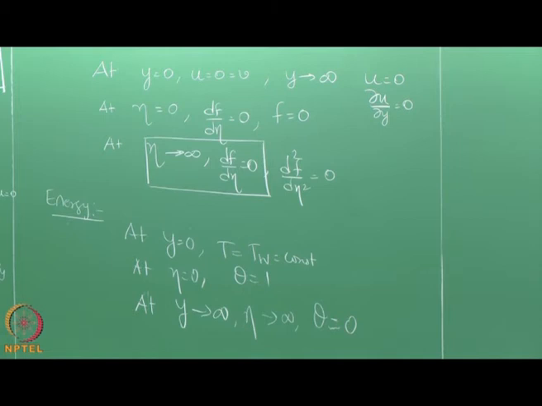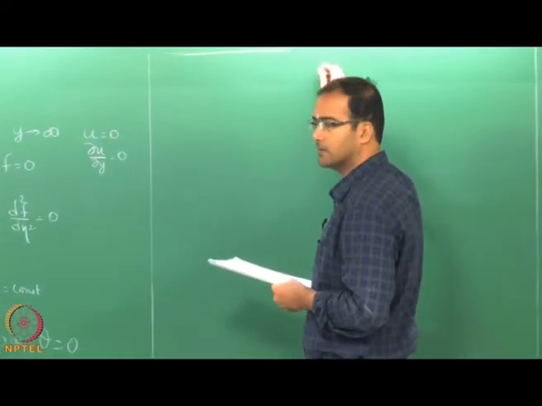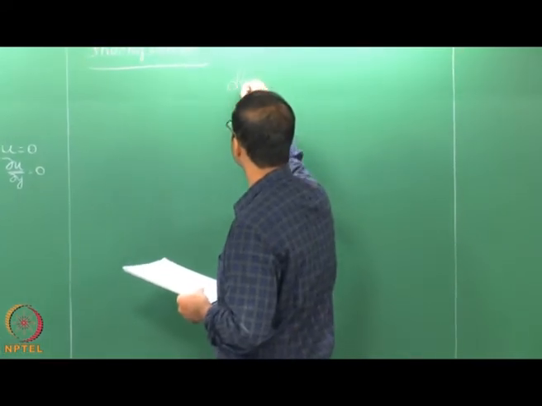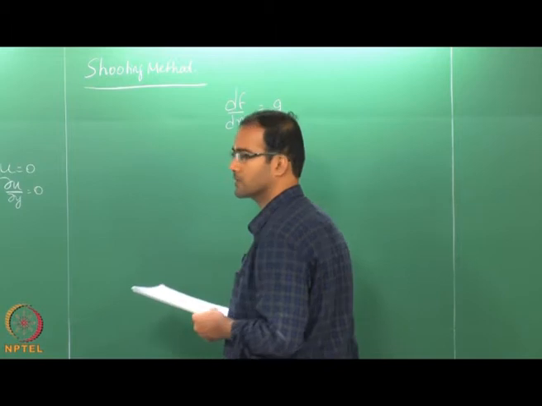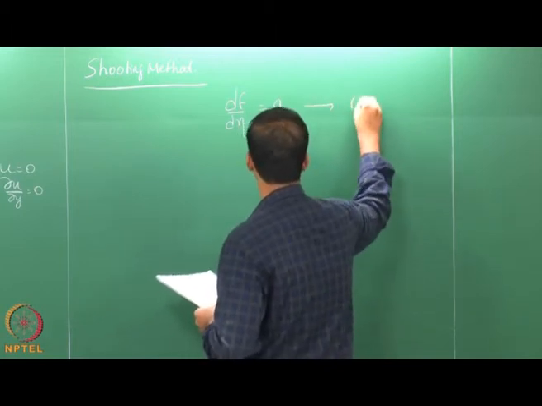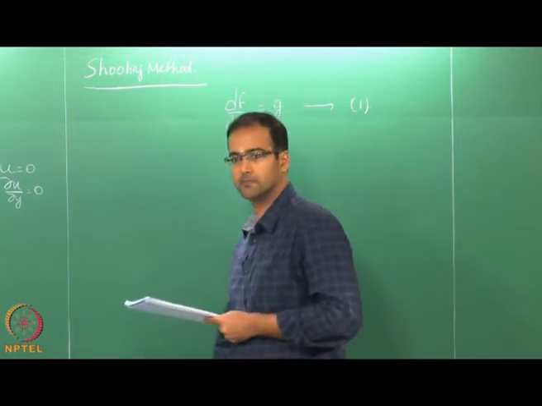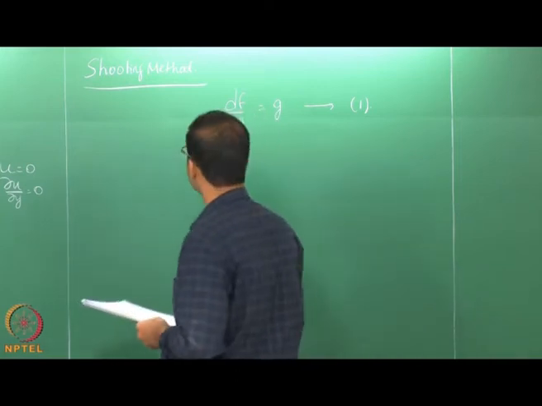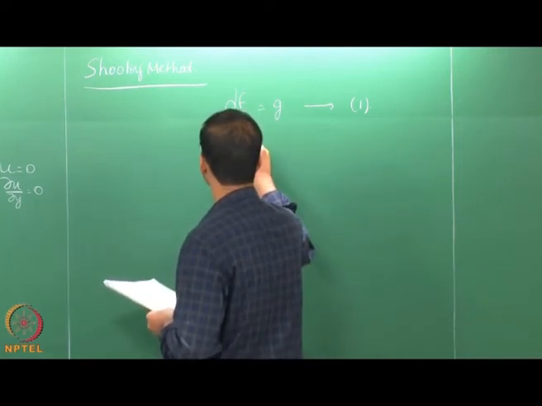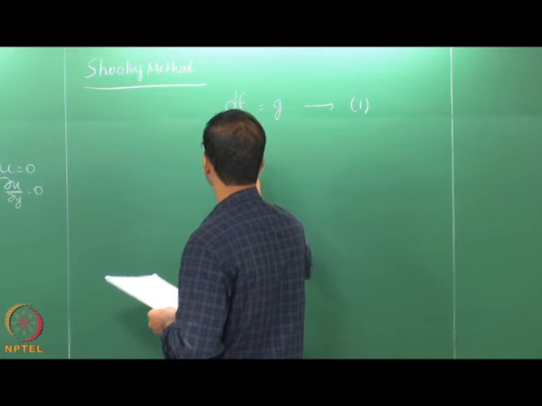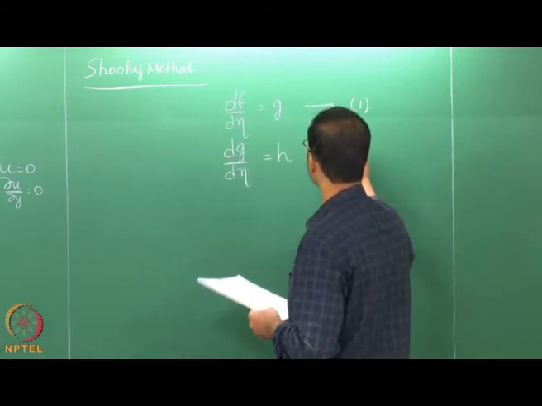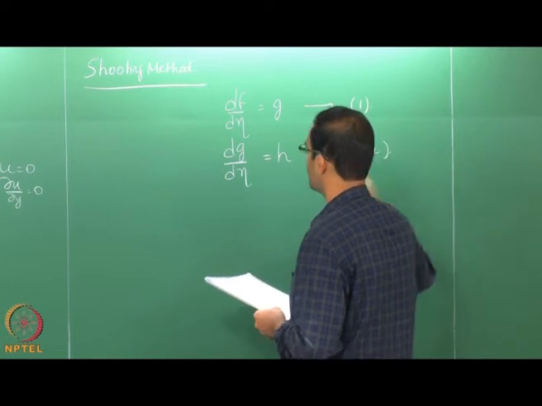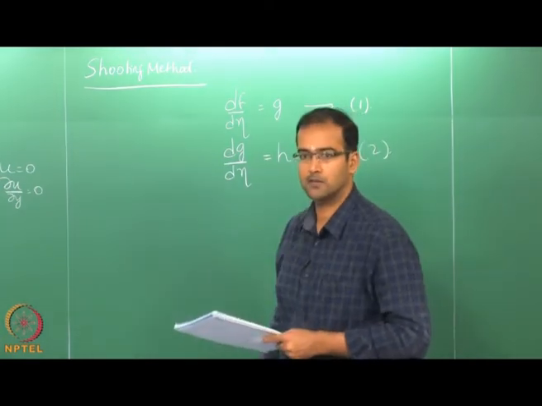So, what do you start with? df by d eta is equal to g. This is your first order ODE, and then next dg by d eta is equal to h. This is your second first order ODE, and then finally, you put it into the master ODE.